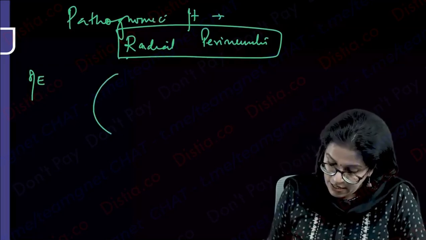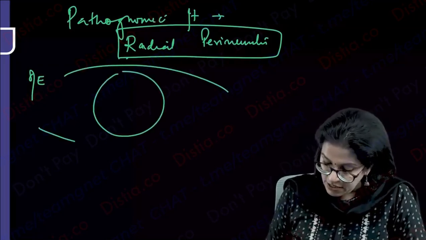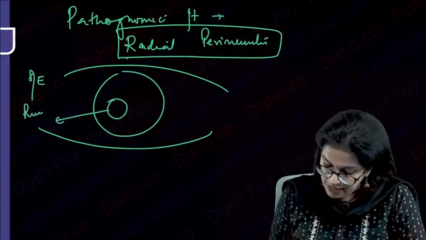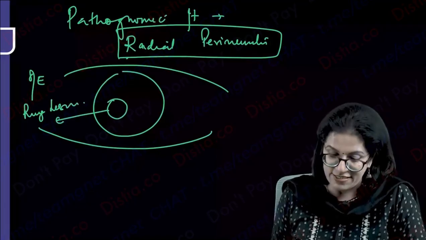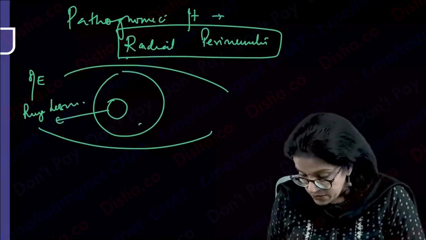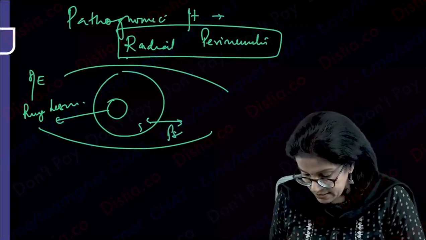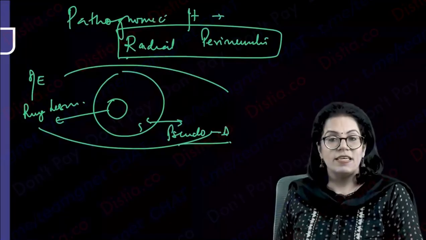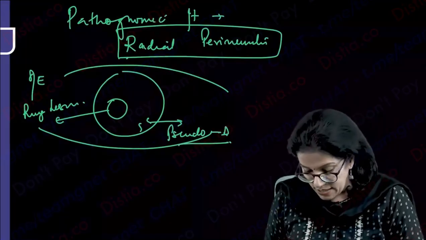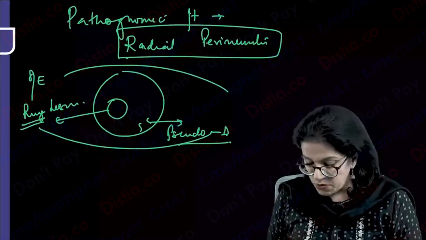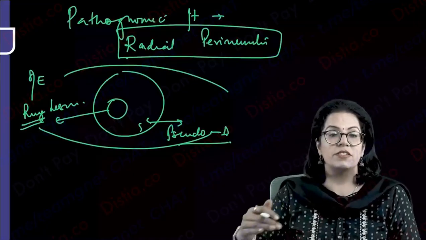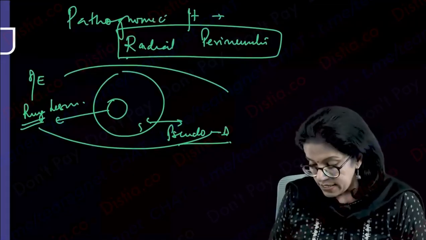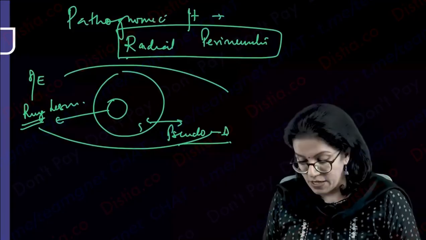On examination, let's make a diagram. We get the typical ring lesion of acanthamoeba. We may also get some pseudodendrites. This can be another presentation of acanthamoeba. So the ring lesion can be just a ring of infiltration, and it can become an abscess. And there can be pseudodendrites.